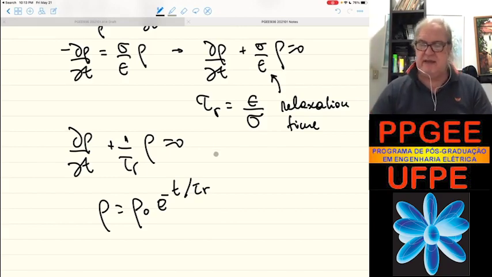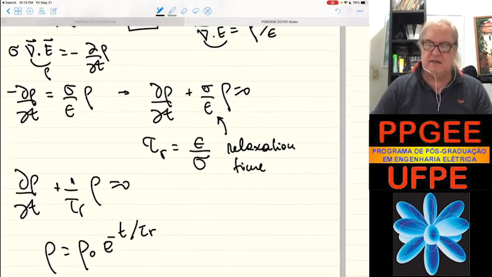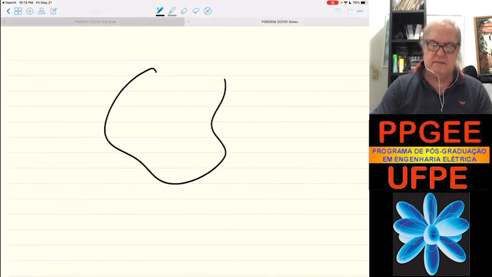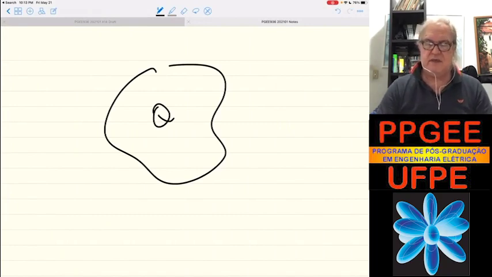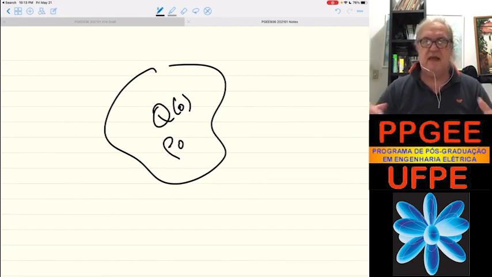So it means that any solid, any conductor, has a charge Q at t equals 0, right? So the charge is distributed with a density rho 0. After some time, the density goes to 0.